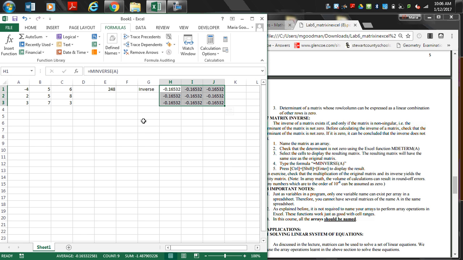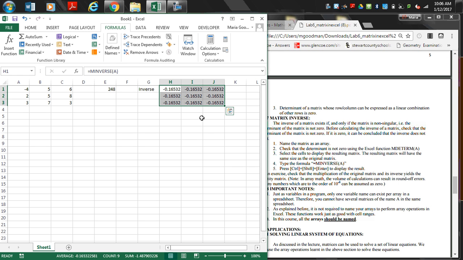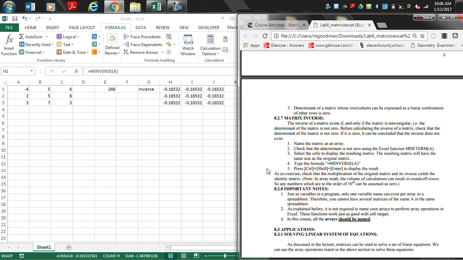So then, if you multiply your original matrix times your inverse, you should get 1. It was called the identity matrix. So it's going to have zeros and ones. All right.